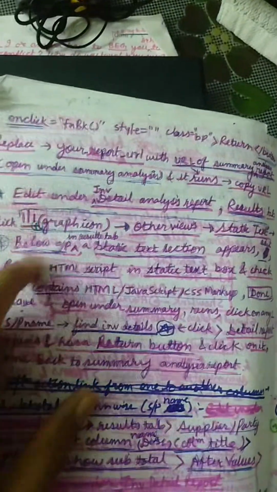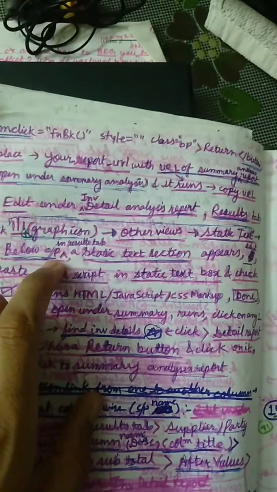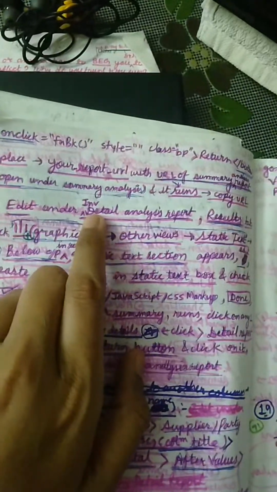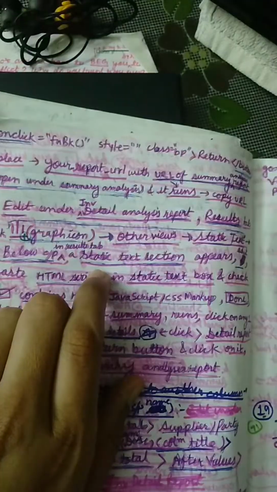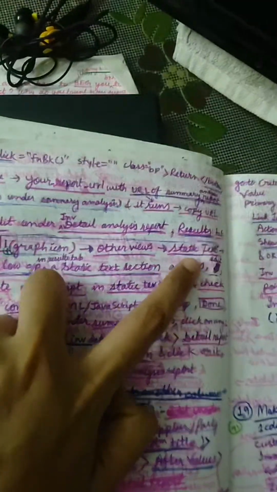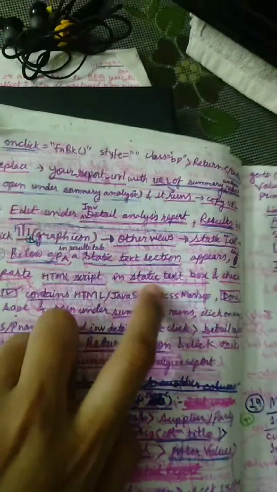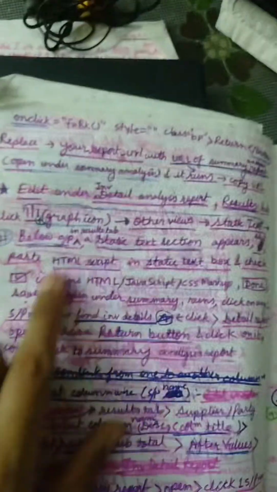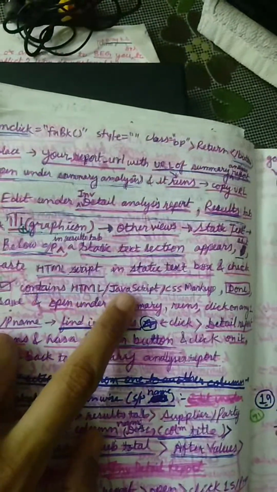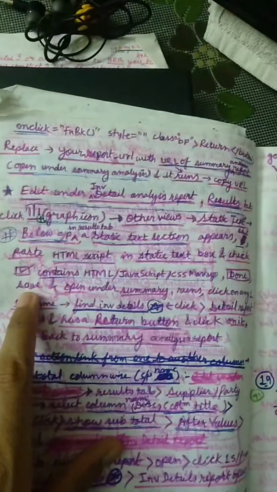Currently my report has output in the results tab, so just below the given output in the detail report, a new section opens because I have clicked on static text. Now click on edit in that and paste the HTML script in the static text box. Now check the checkbox that says it contains HTML, JavaScript or CSS markup, and click on done and save.